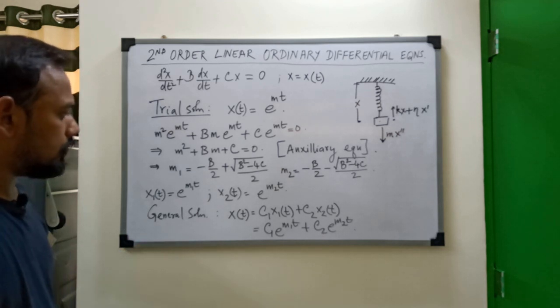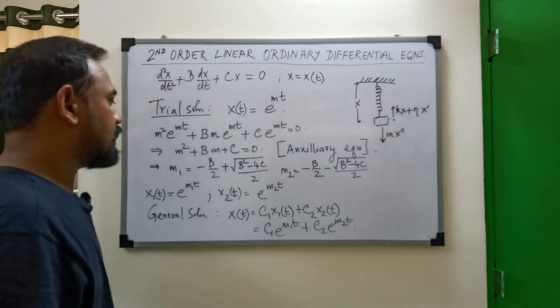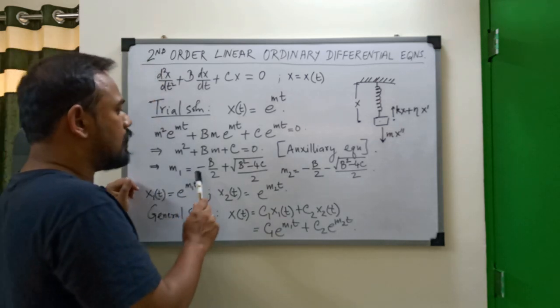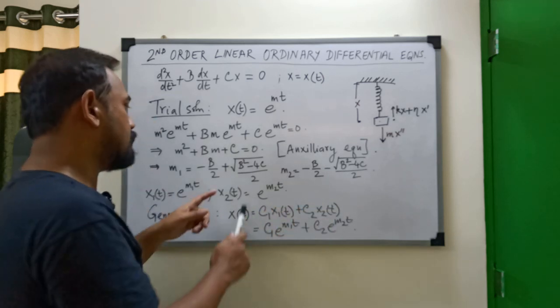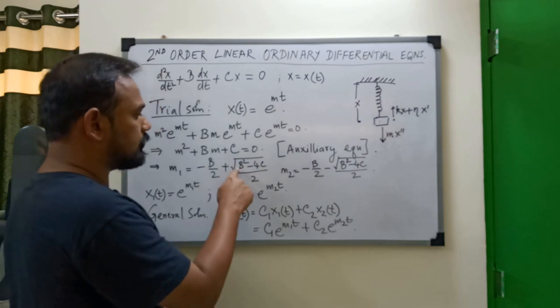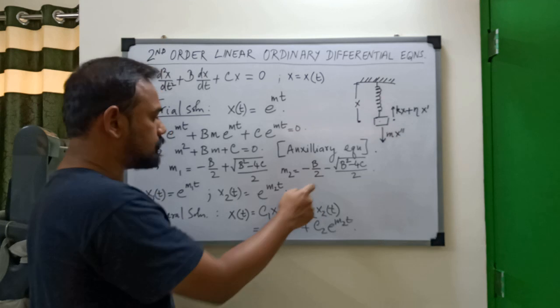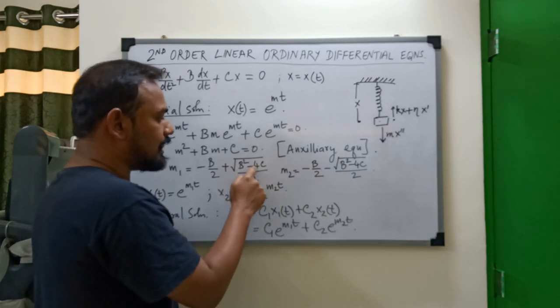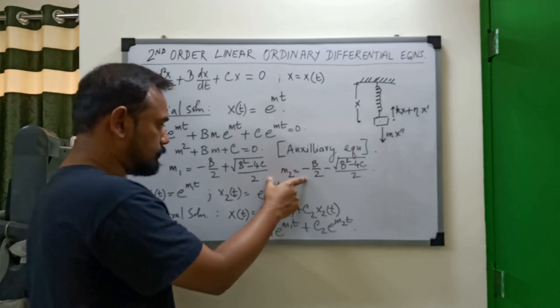Of course, depending on various things, you can have various cases. For example, these m1 and m2 can be of various kinds. If b square is greater than 4c, in that case, m1 and m2 are real numbers. b square could be less than 4c. In that case, m1 and m2 are imaginary numbers.